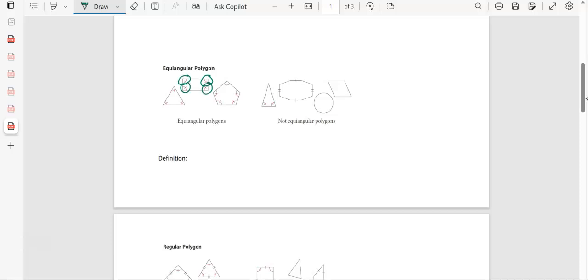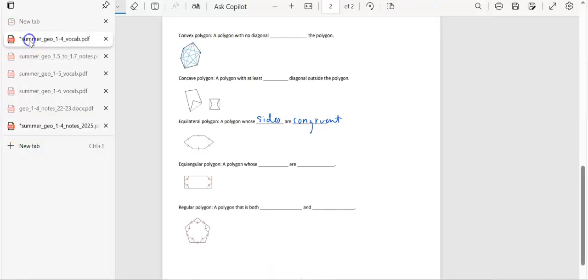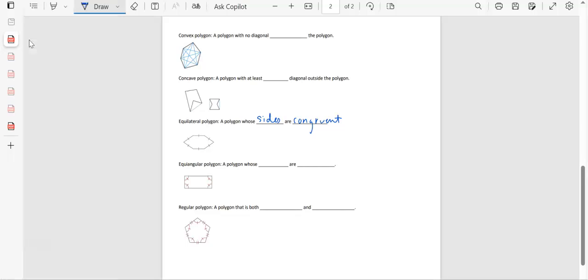In these counterexamples, or these things that do not follow the definition, in this triangle, for example, only 2 of the angles are congruent, but not the third. And in the other examples, none of the angles are marked as congruent. So we can conclude that an equiangular polygon is a polygon whose angles are congruent.